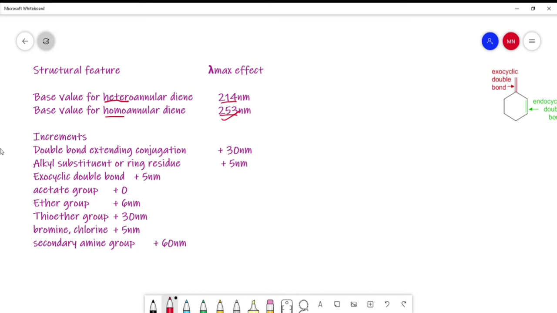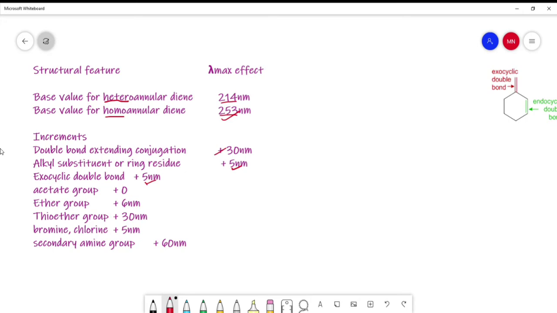Now let us consider the increments. For a double bond extending conjugation, you add 30. If alkyl substituents and ring residues are present, add 5 nanometer. For an exocyclic double bond, 5 nanometer. And if the same double bond is exocyclic to two rings, you add 5 two times, that is 2 into 5. For an acetate group there is no contribution.